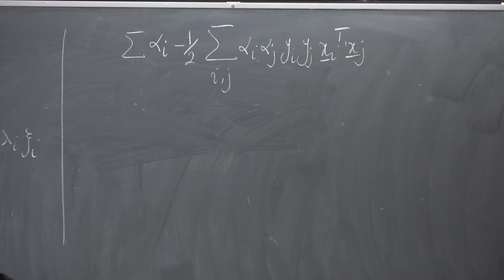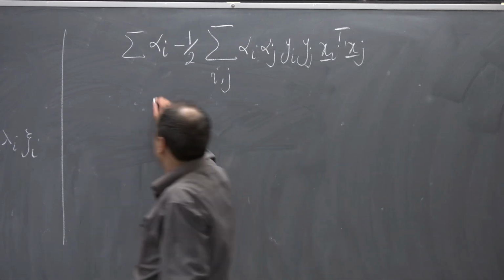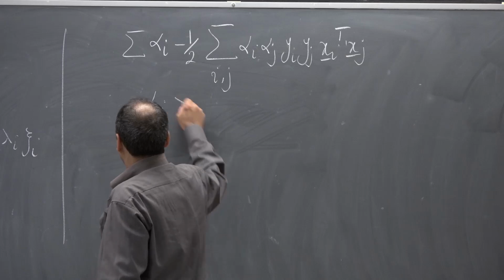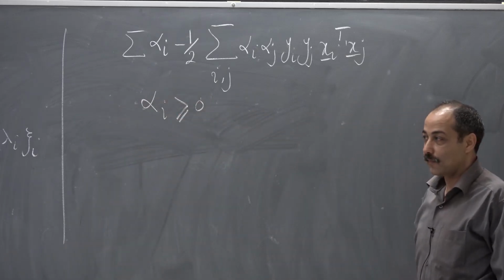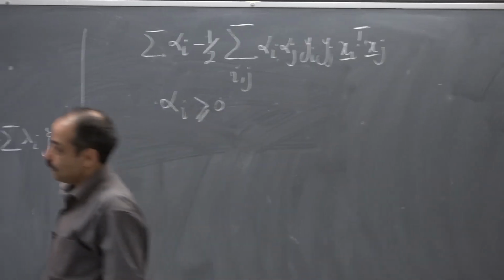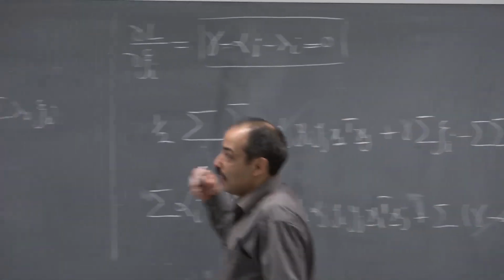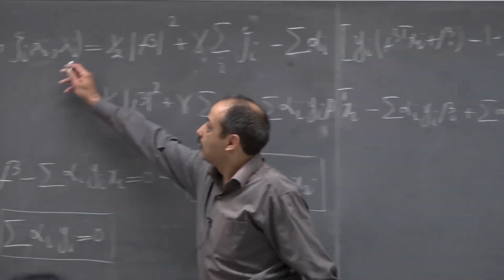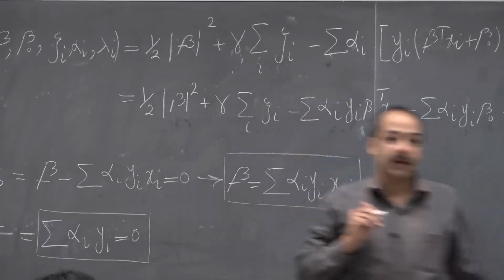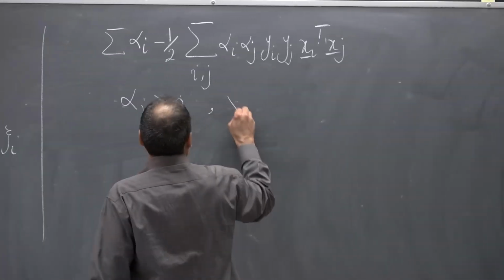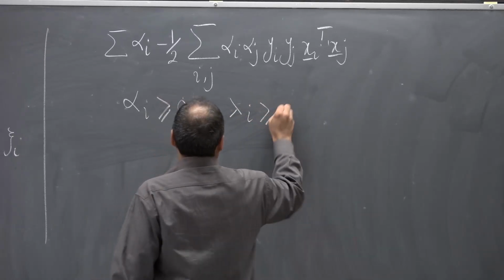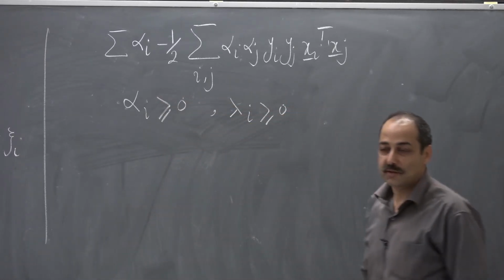So far it's exactly the same as hard margin. But one of the constraints in hard margin was that alpha_i should be greater than or equal to 0. Now I added another dual variable, lambda, so I have to add this constraint as well: lambda_i should be greater than or equal to 0, because it's a Lagrange multiplier.